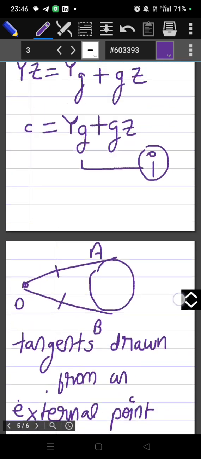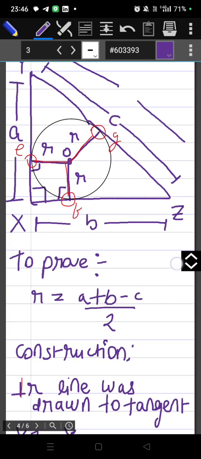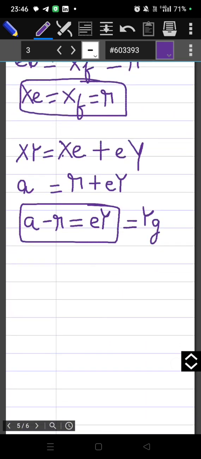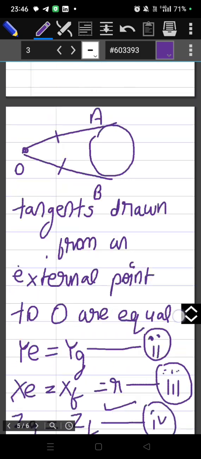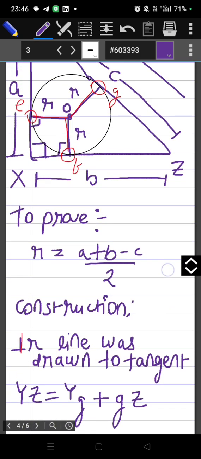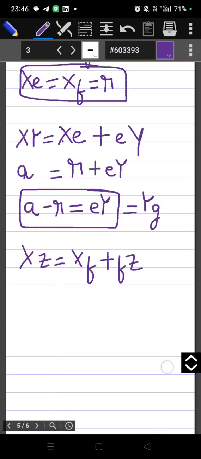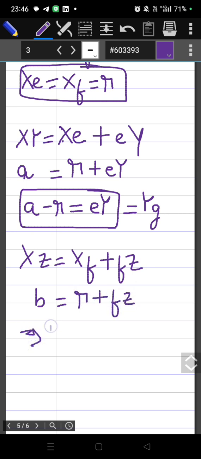So again similarly, if we expand XZ, XZ will be XF plus FZ. So what is our XZ? Our XZ is b, and we have already defined what is our XF. b minus r equals FZ.